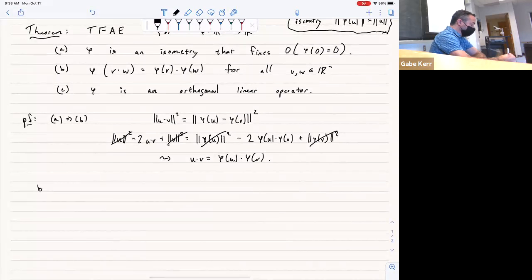That gives us A implies B, and now we want to look at B implies C.